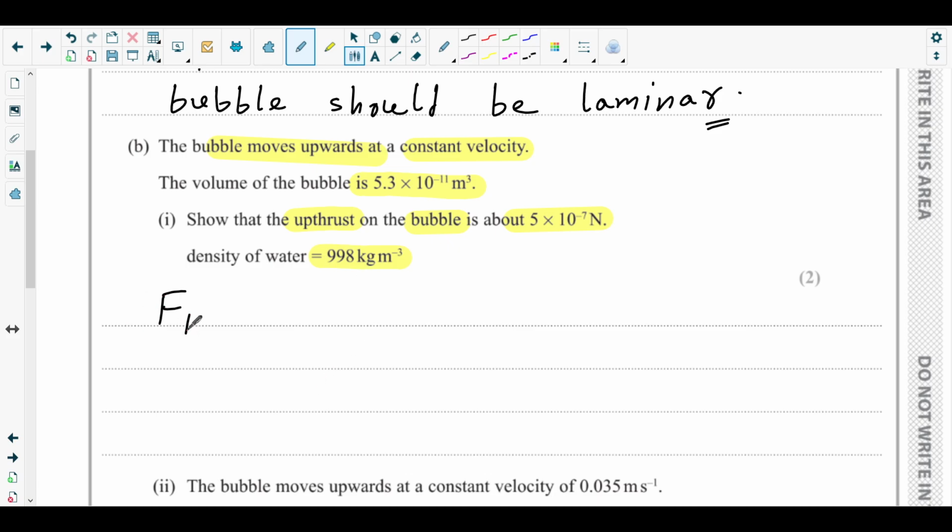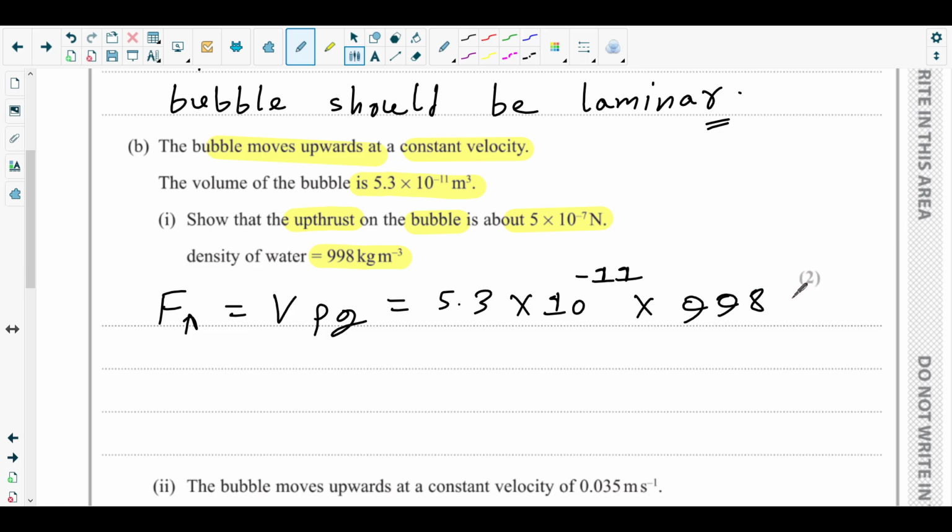So F upthrust is V rho g. The volume of the bubble is 5.3 times 10 to the minus 11, the density is 998 kg per meter cubed, times g, 9.81.